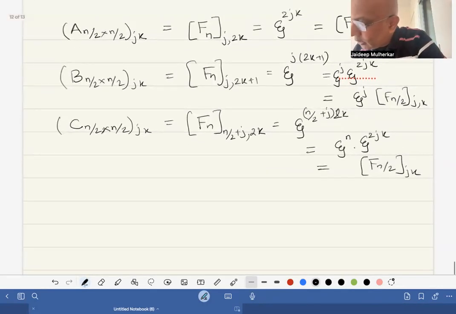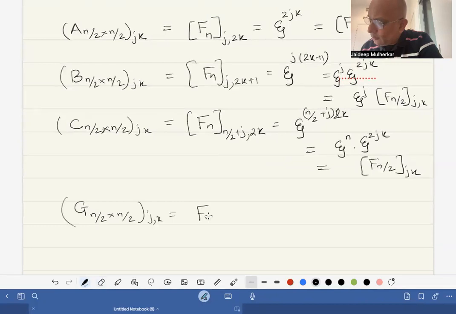And then finally G of n over 2 cross n over 2, the jk element will be Fn of n over 2 plus j comma 2k plus 1.